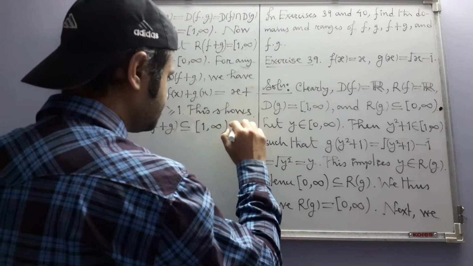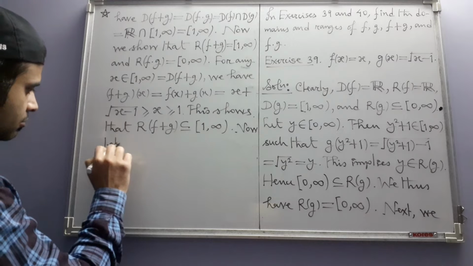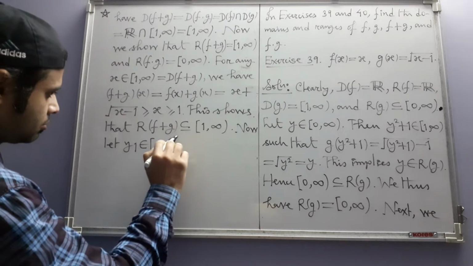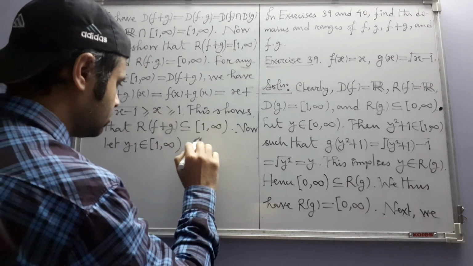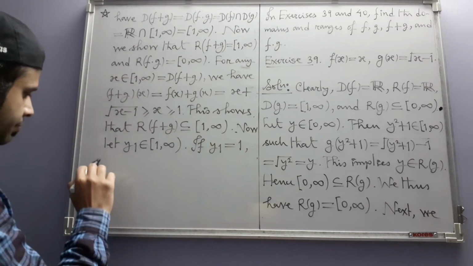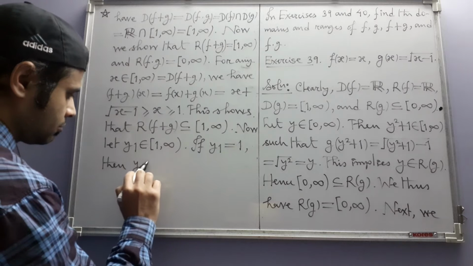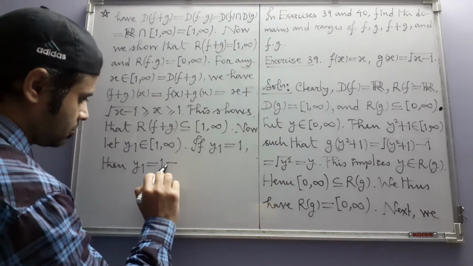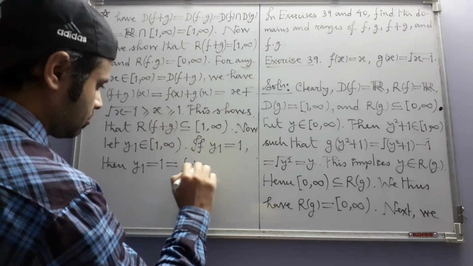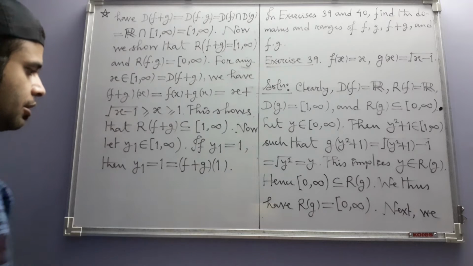This shows that the range of f plus g, which is the set of all outputs, is contained in this interval, because all outputs are greater than or equal to 1. Now the converse. Now let y1 be any point in this set. If y1 is equal to 1, then f plus g of 1.